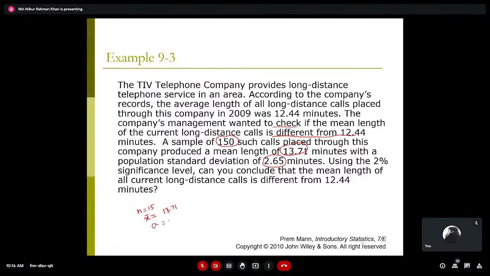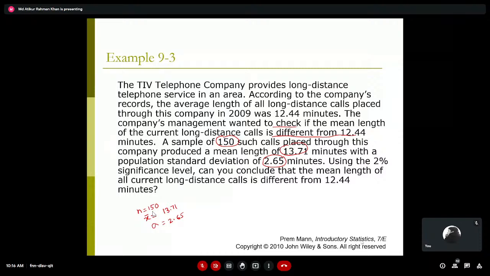Sigma equal to 2.65. Sir, n is not equal to 150? Oh, n is equal to 150. Excellent, yeah, I missed it. Thank you very much.